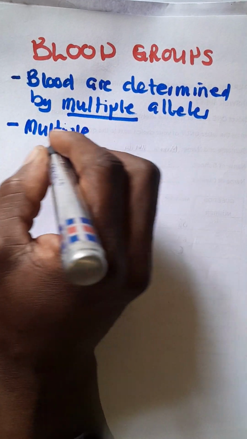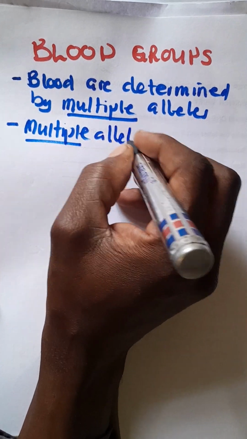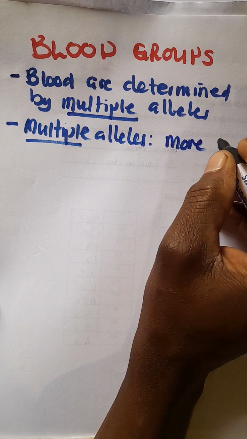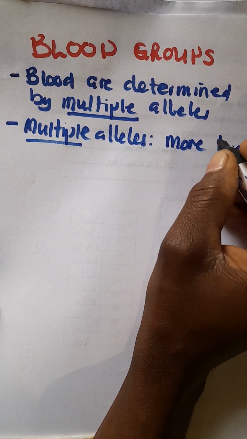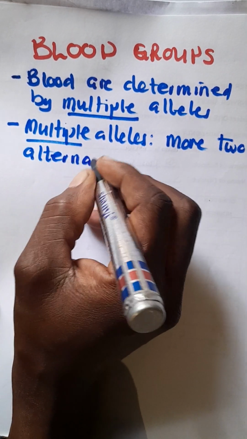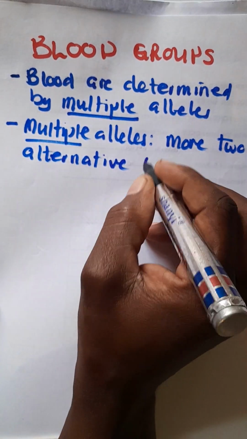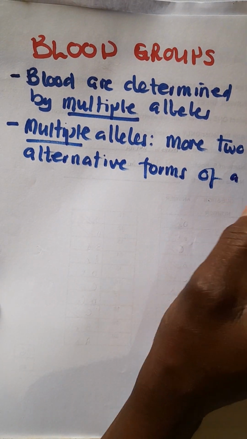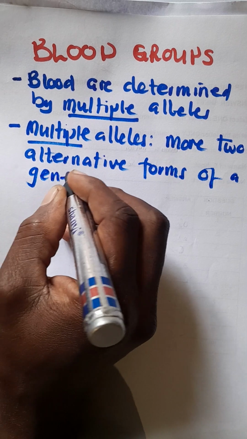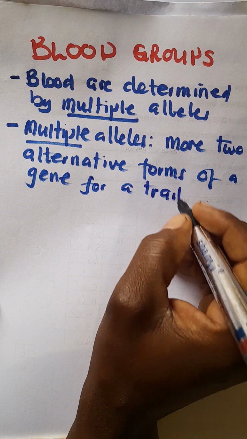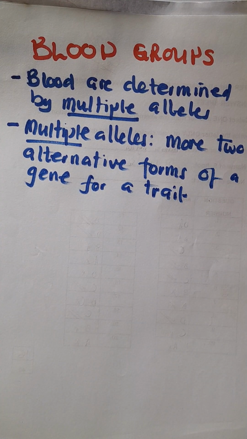Multiple alleles, we say, are more than two alternative forms of a gene for a trait.